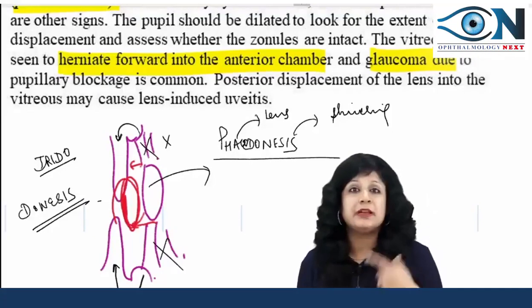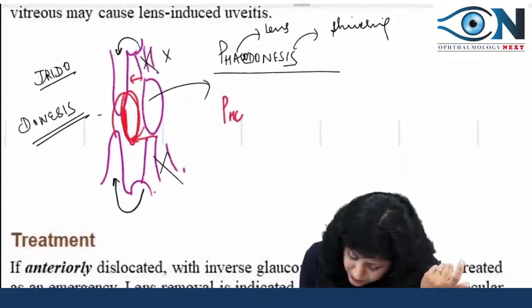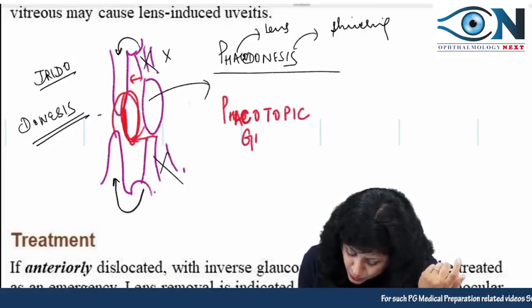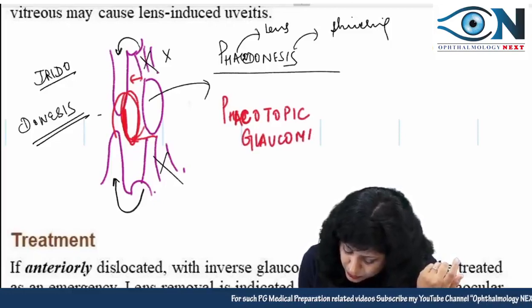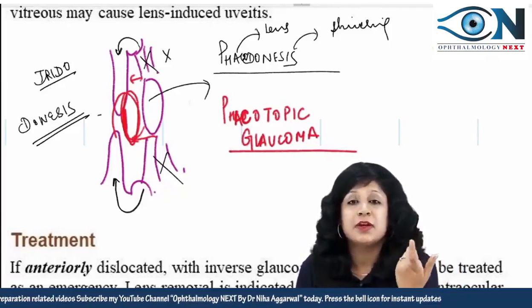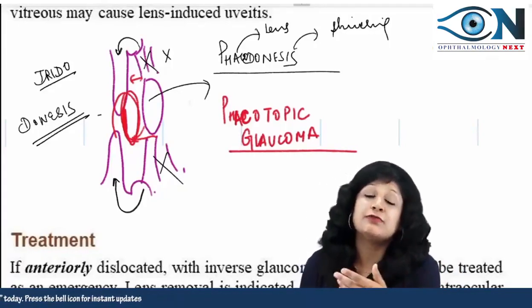So due to the pupillary blockade, I can have glaucoma. That glaucoma will be called the phacotopic glaucoma. So you know about the phacomorphic glaucoma, we know about the phacotoxic glaucoma. This is your phacotopic glaucoma. We were also having the phacolytic glaucoma.